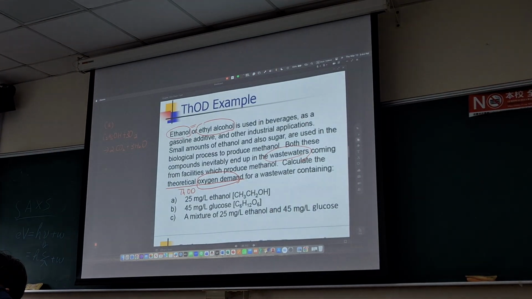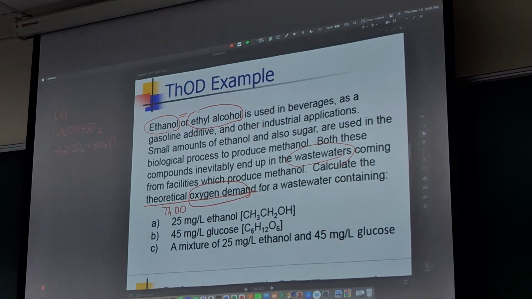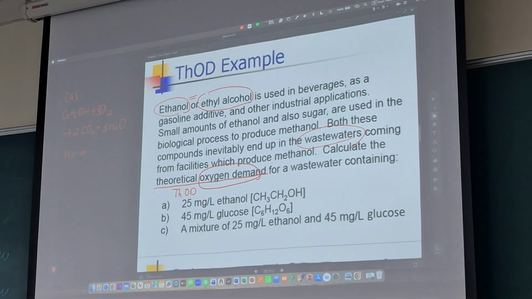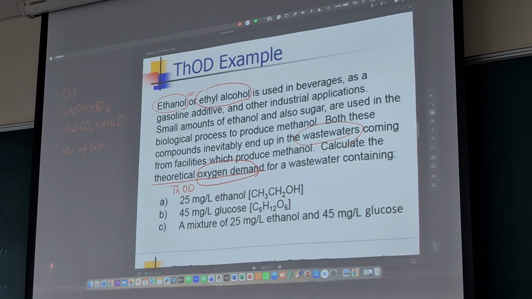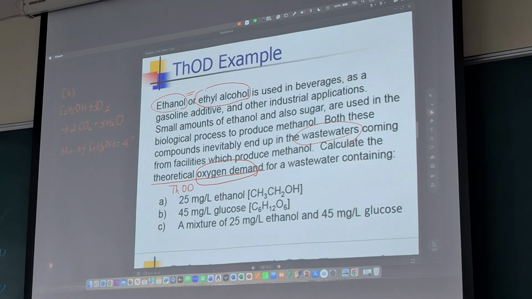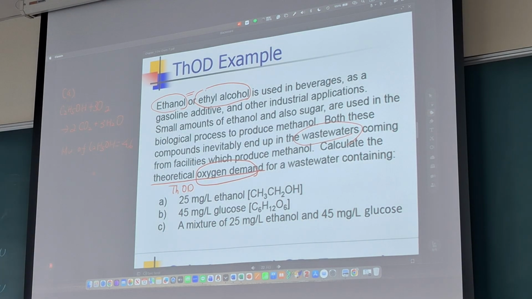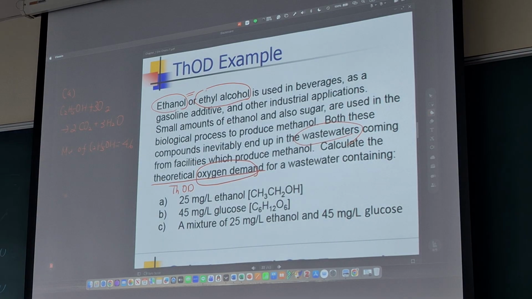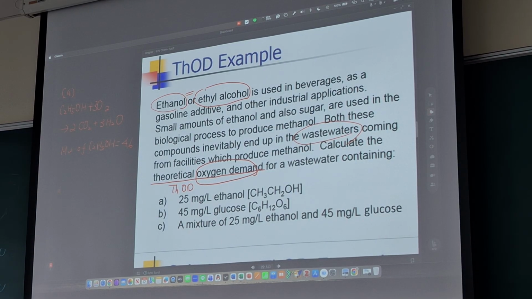Okay, and first off, let's find out the molecular weight of ethanol. So it's 46. Okay, and we have a molecular weight of oxygen. It's going to be 32.